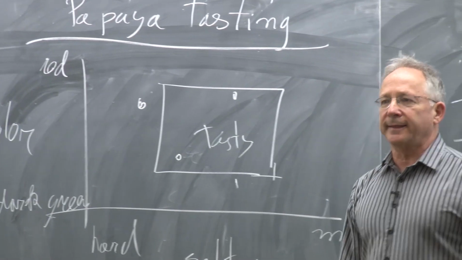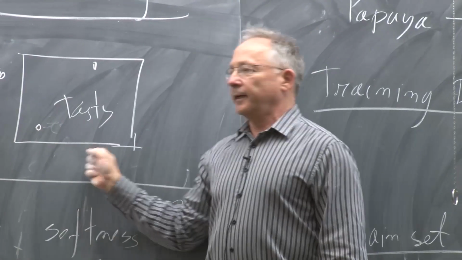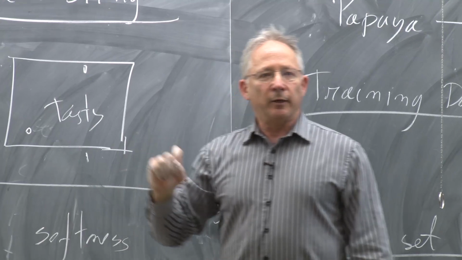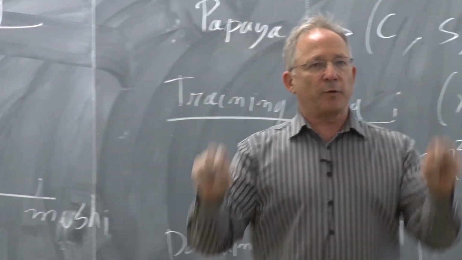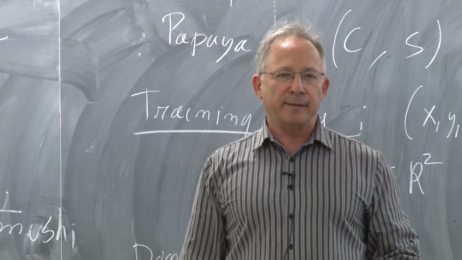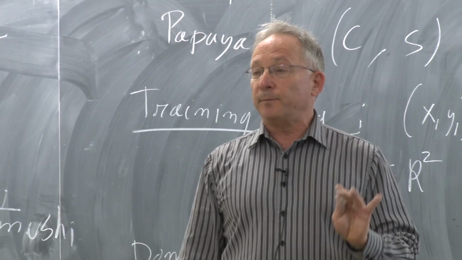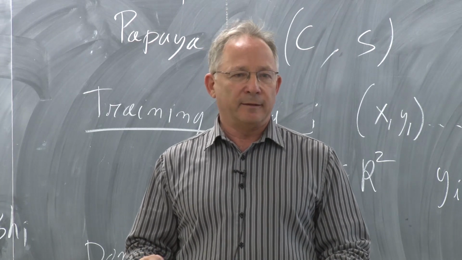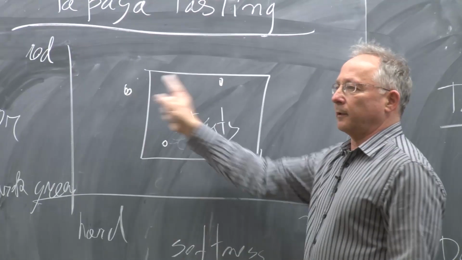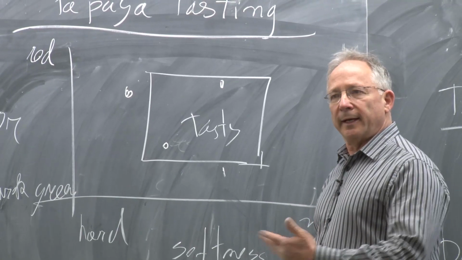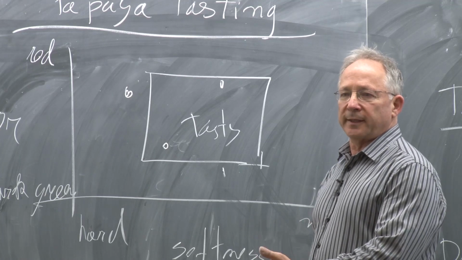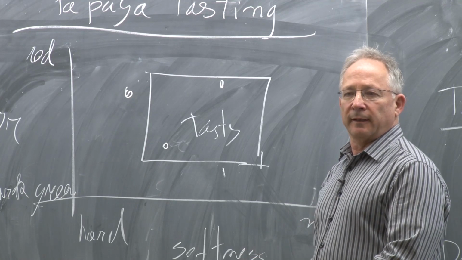That the tasty papayas are all the papayas that are not too hard and not too soft and not too green and not too red. So I'm making the assumption that there is such a rectangle that determines the tasty papayas. It is, of course, a crude assumption, but it is some approximation to what we really do in reality. And now, what I'm trying to learn is the parameters of this rectangle. So I'm getting papayas, and I'm trying to learn what will be a good rectangle to use to predict the taste of papaya.